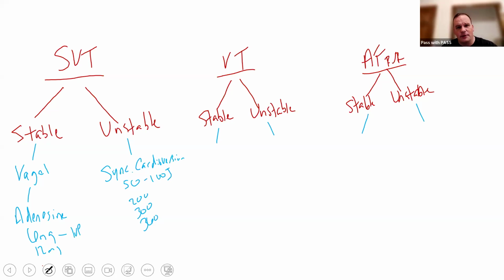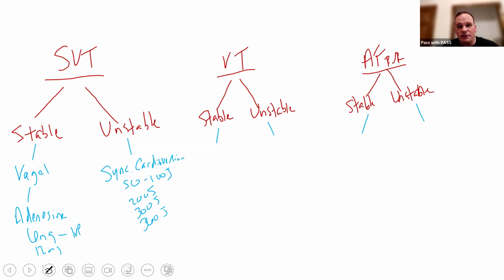I would rather introduce the smallest amount of electricity possible to the patient to hopefully have the desired effect. But it doesn't matter. Overall, at the end of the day, it's a range, 50 to 100. You can start at 50 or you can start at 100. If those don't work, then we go to 200, 300, and 360. Okay. So those are all of our dosing for our SVT synchronized cardioversion patients.